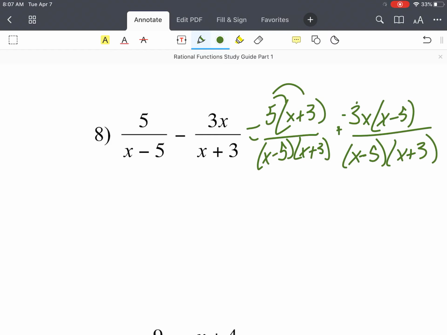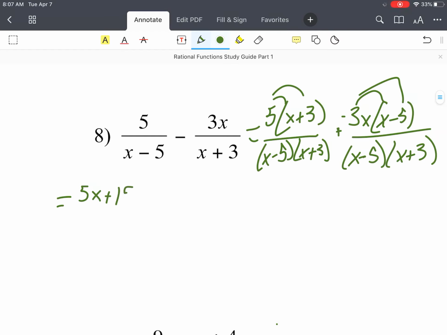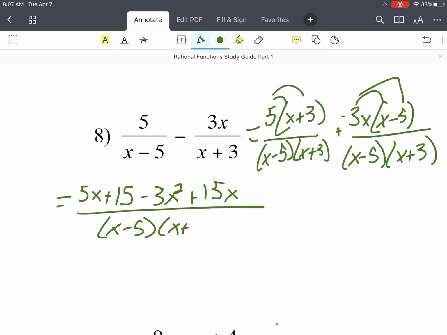So we're going to distribute, okay? Remember, that's really a plus a negative 3x there, so we've got to remember to distribute the negative 3x. So this is 5x plus 15 minus 3x squared plus 15x all over x minus 5 times x plus 3.